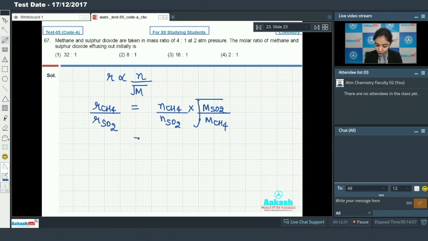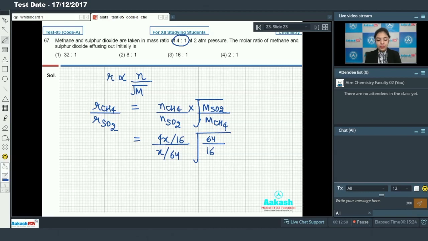So the number of moles of CH4 is equal to weight divided by molar mass, and you have been given that they are in the mass ratio of 4:1. So we can write it like this: 4x divided by 16, and number of moles of SO2 will be x divided by 64.